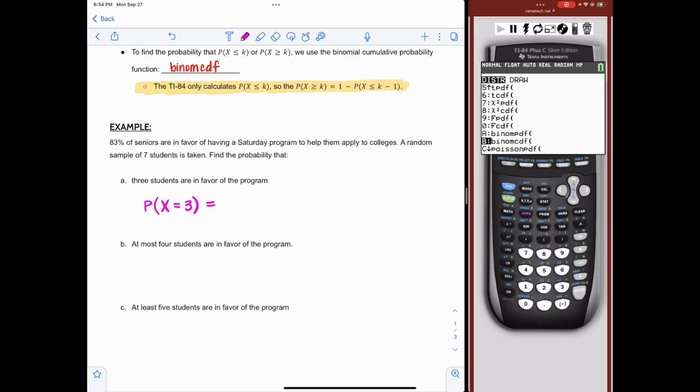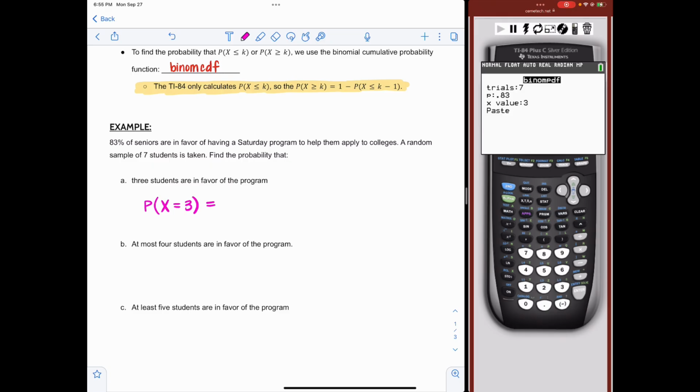In order to do that, I'm going to go to binomial PDF, and trials is the number of people that you have, or the sample. So I have 7 students, so that's 7 trials, and my probability of success, which is p, is 83%, which is 0.83 as a decimal. And then it asks for the value that x is equal to, so I'm going to press 3.